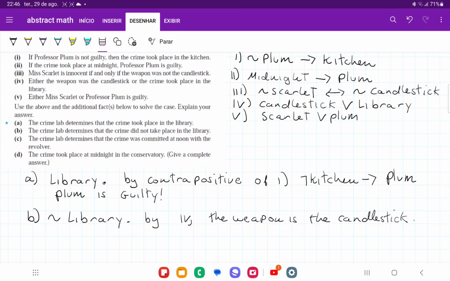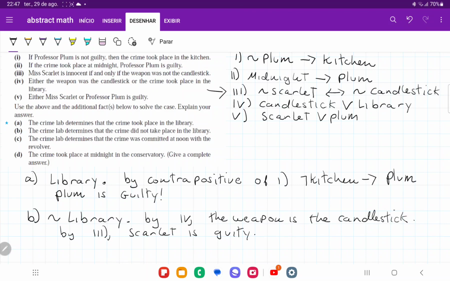So for item 3 to be true, it means that not candlestick is false, because it was done with a candlestick. So if not candlestick is false, it also must be false that not Scarlet. Therefore, Scarlet did it. So by item 3, Scarlet is guilty.